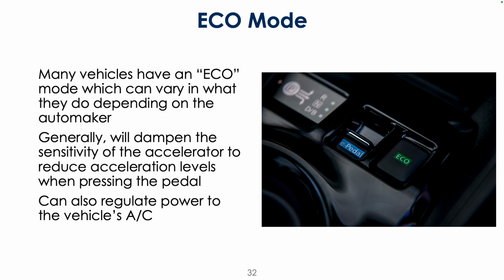But it's not changing the operation of the motor itself in any fundamental way. If you were to stomp all the way down, it wouldn't look any different from any other aggressive driving mode. It can regulate power to off-cycle things like AC. So eco mode is a very generalized configuration that automakers will do different things with to try and improve the efficiency of your vehicle.